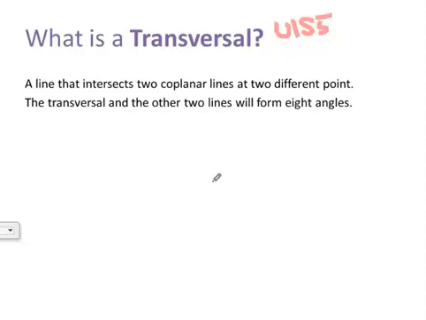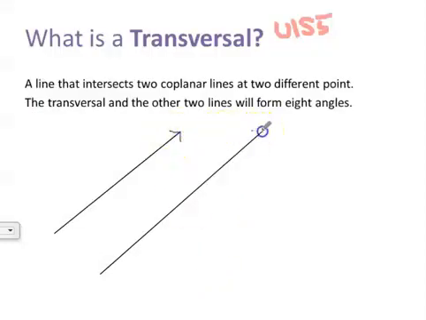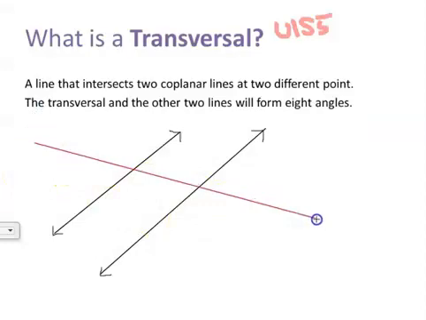So you might be saying, well, what is a transversal? A transversal is a line that intersects 2 other coplanar lines. So let me draw in some lines here really quick. We've got 2 lines here. Now, if the definition says a transversal intersects 2 coplanar lines, I'm going to draw in a transversal in red.